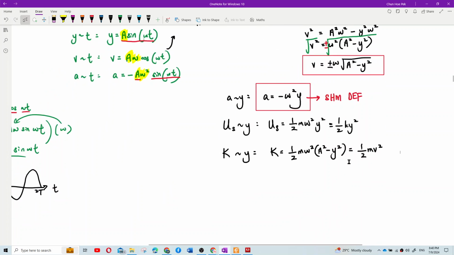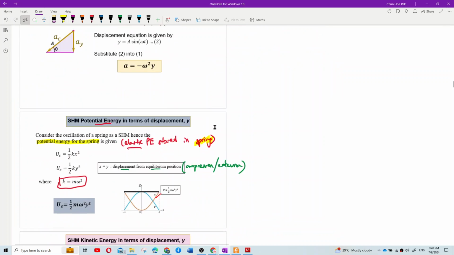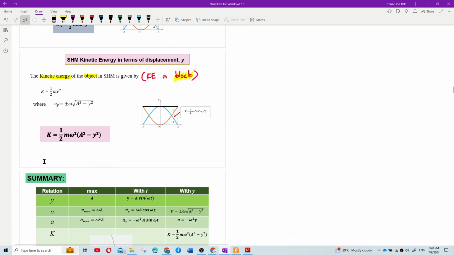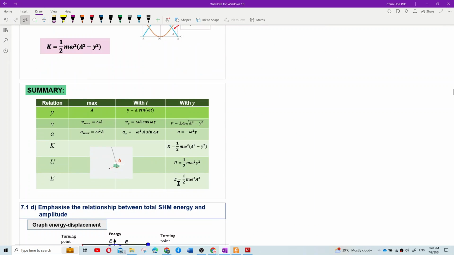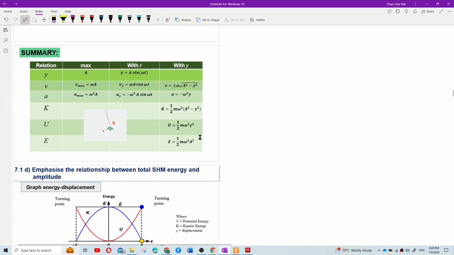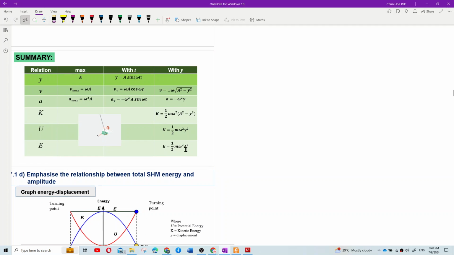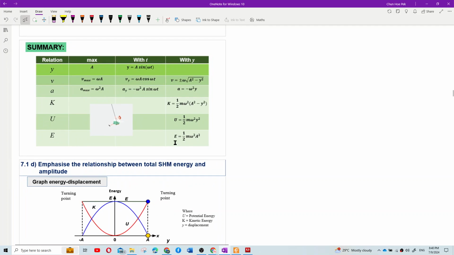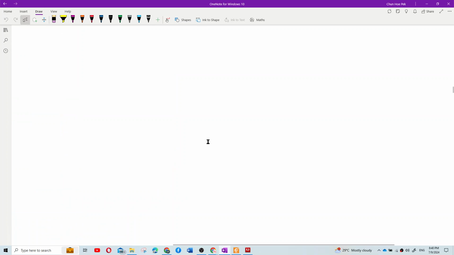Okay, so you got another formula already. Now the last formula is the total energy formula. The total energy E is equal to half m omega square A square. How do you get this formula?